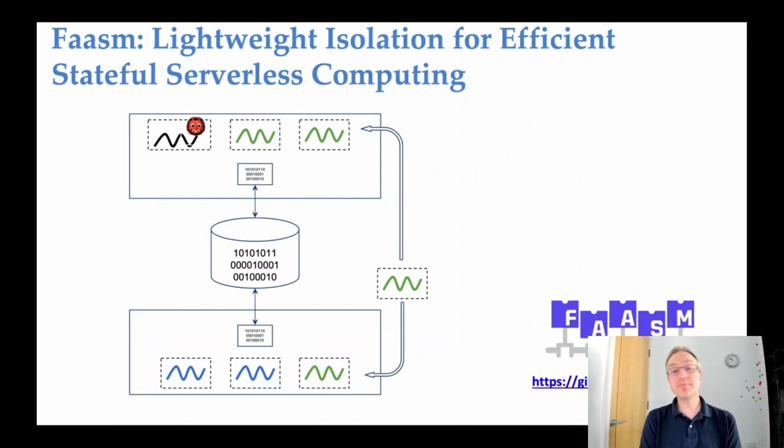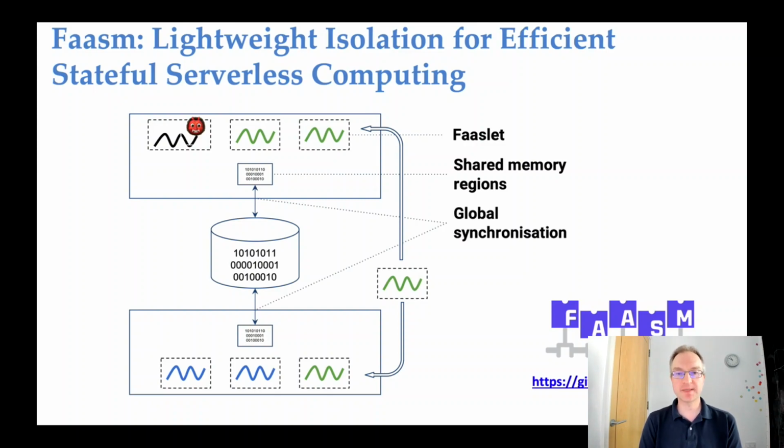We've implemented this approach using a system called Faasm, and Faasm is open source and available on GitHub. It is implemented around this abstraction of a Faaslet. A Faaslet is the unit of computation that is deployed and run by the system. Faaslets have access to shared memory regions, so this is how they can cooperate and share the same state.